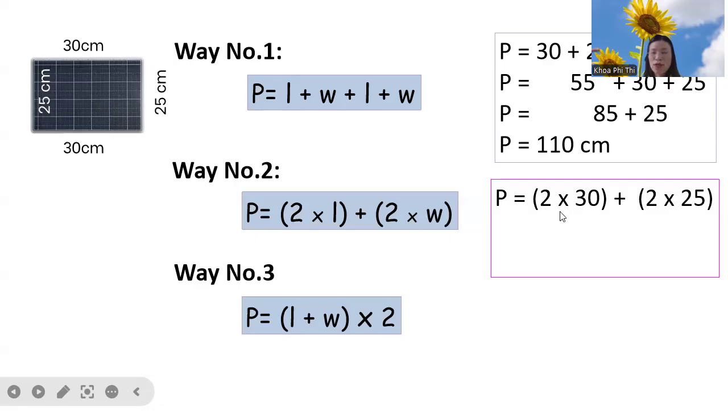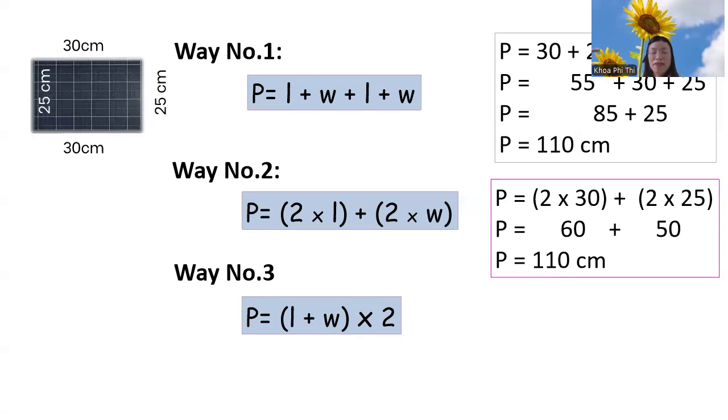He used 2 times 30 plus 2 times 25. 2 times 30 equals 60. And 2 times 25 equals 50. And then we add these 2 numbers together. 60 plus 50 equals 110 centimeters. The same as the result that group 1 did.